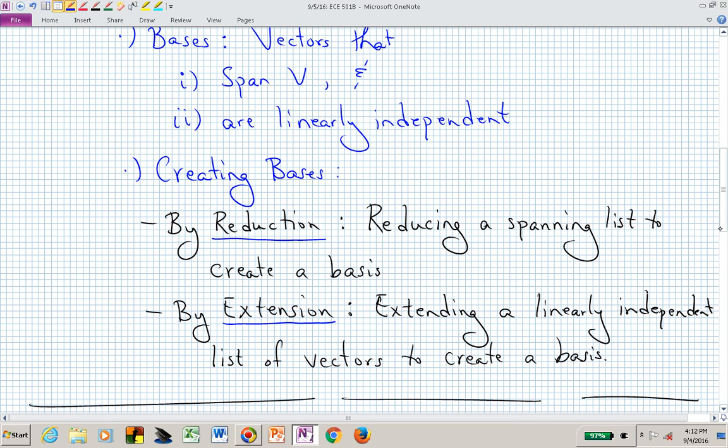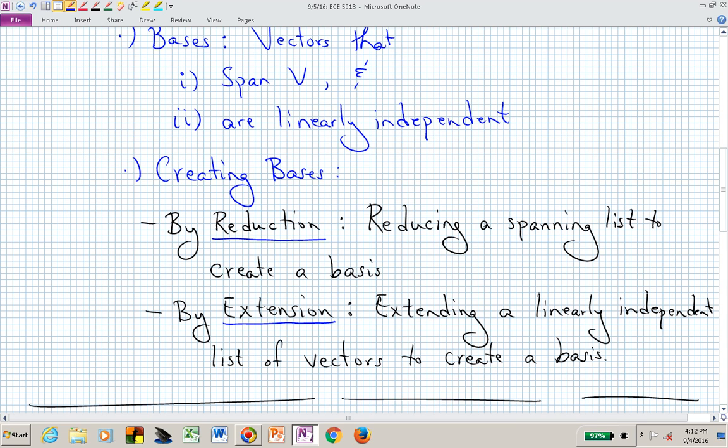In terms of creating basis vectors, we can do it a couple of different ways. We can either do it by throwing away vectors. If we have a spanning list, we can start removing any of those that are redundant, and so we'll create a basis by reduction.